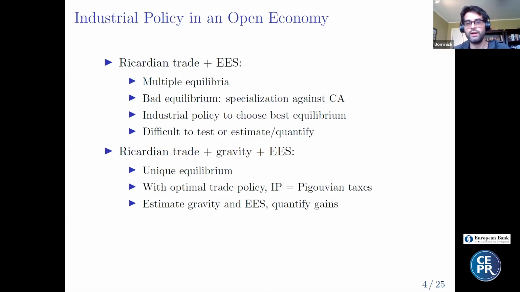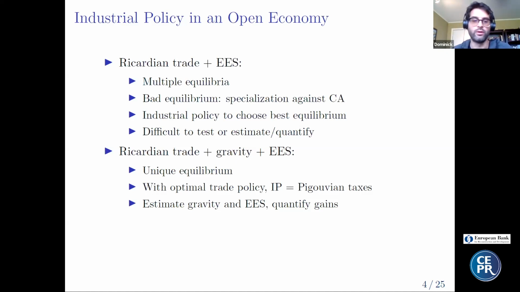Okay, so we're going to take this classic combination of Ricardian trade and external economies of scale, and we're going to add a gravity international demand system in a way that I'll explain hopefully more thoroughly in a few slides. But what gravity is going to give us, what adding some curvature to international demand is going to give us, is that we're going to have a unique equilibrium.